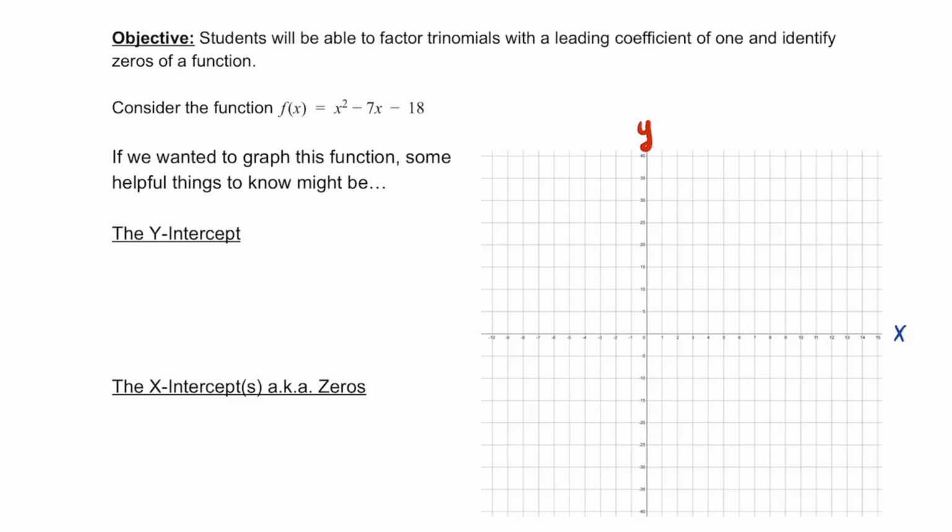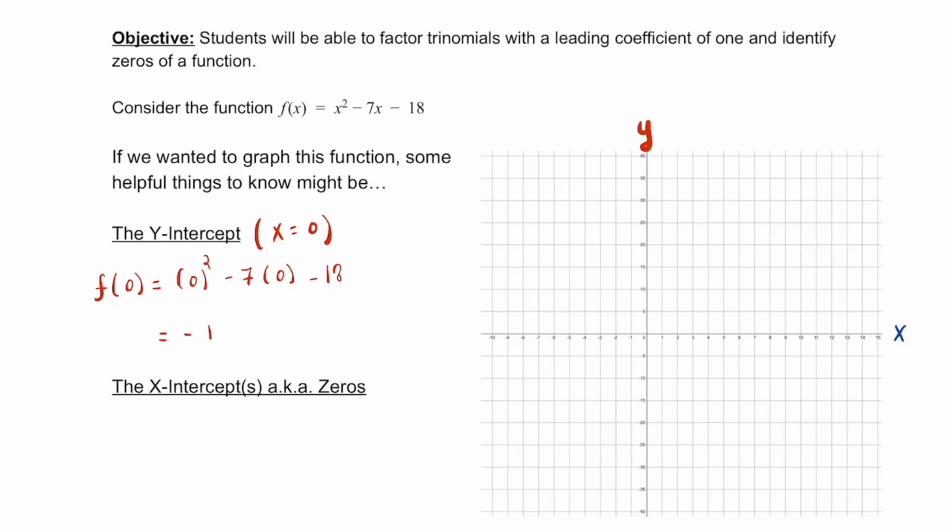The important concepts to realize here are that the y-intercept would be found at the location where x equals 0. And so this is the easier of the two to find. All we'd have to do is find f of 0. So we plug in 0. F of 0 is 0 squared minus 7 times 0 minus 18.